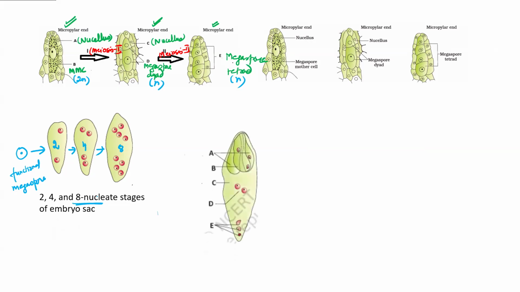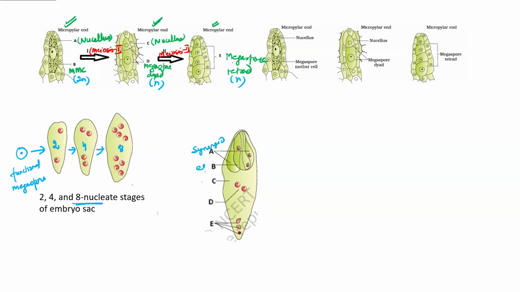Now the cell wall will be laid down around 6 nuclei out of the total 8. Please see the NCERT line very carefully: 6 of the 8 nuclei are surrounded by a cell wall. In this, the two cells are known as synergids.